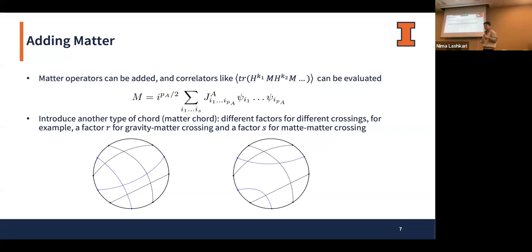I call them gravity chords because, in the picture I showed in the next slides, the number of these gravity chords can be understood as a kind of discrete length of your geometry. And it appears in the Hamiltonian, right? I have to say that, just from its form, you cannot distinguish which is gravity and which is matter.